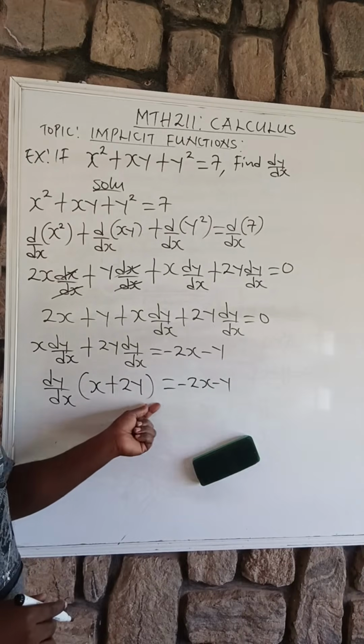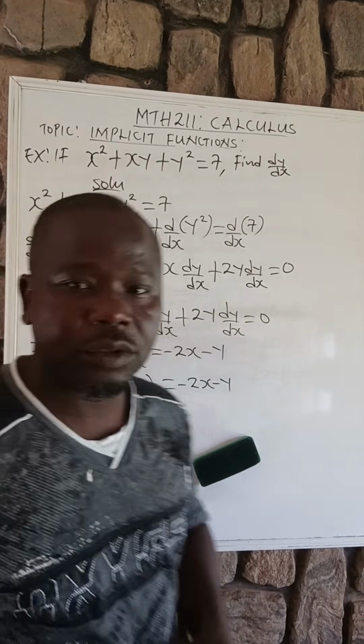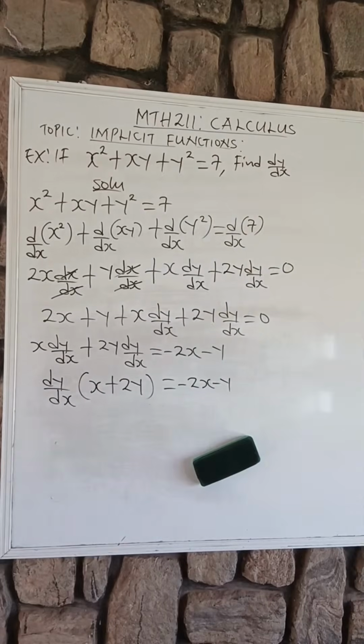Who can tell us the next step? Somebody should tell us the next step. Half mark again. The first 5 persons to tell us the next step, I'm going to give you half mark. What is the next step?